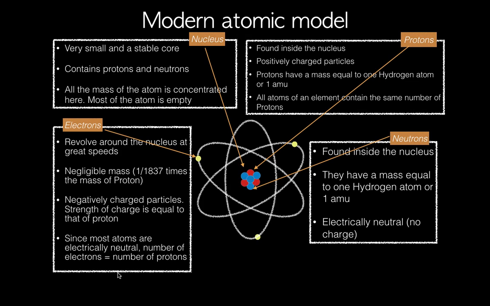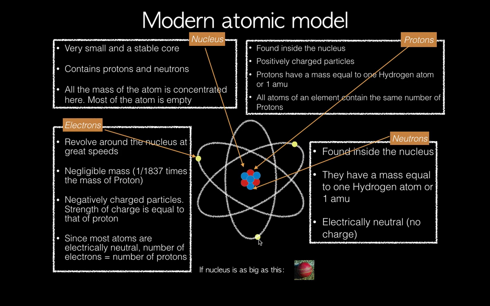Now that we have looked at the structure, let's go back to the statement saying that most of the atom is empty. What does it really mean? Well, the nucleus is much smaller compared to the size of the atom than what is depicted here. Let's say we blow the nucleus up to the size of a cricket ball.